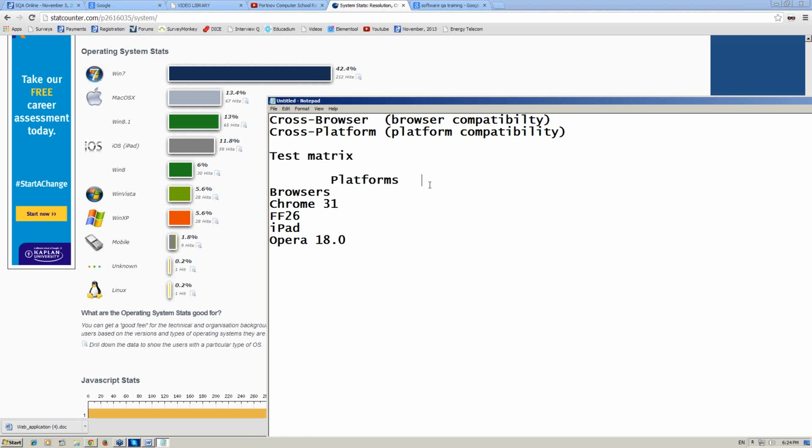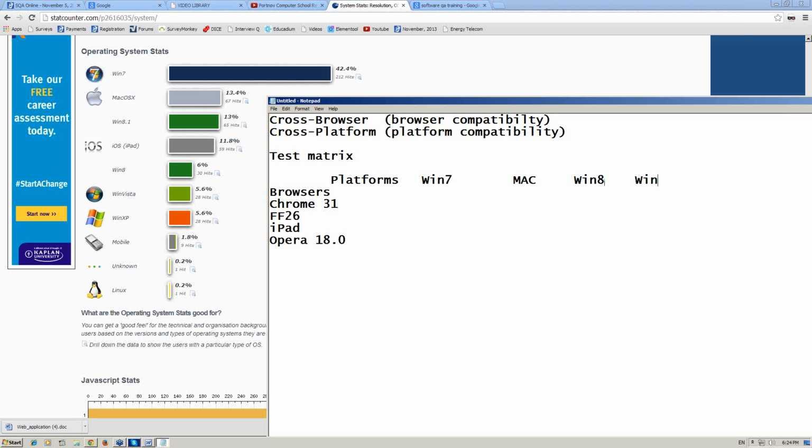Platforms, Windows 7. What is the next one? Mac OS. Whatever Mac, okay. Mac. What else? Windows 8.1. Then we have WinS. Guys, anybody knows what's WinS?